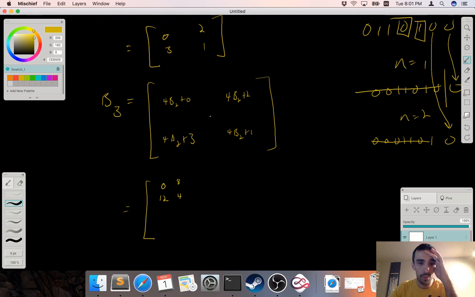So now I'm going to multiply all of these values by 4, but then add 1 at the end. So 0 times 4 plus 1. 1 times 4 plus 1. 2 times 4 plus 1. 3 times 4 plus 1. And now 0 times 4 plus 2.